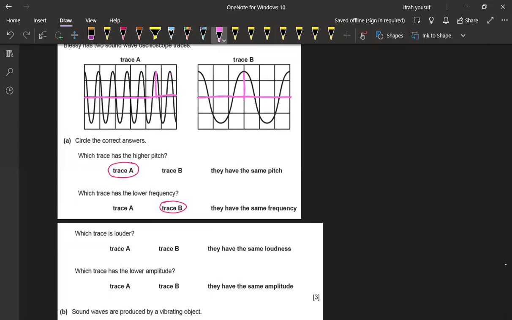Yes. So I mean it is easy when you use a ruler. सही है? When you use a ruler, it will be easy for you. Clear? So yes, they both have the same amplitude. So which trace is louder? They have the same loudness. Clear?